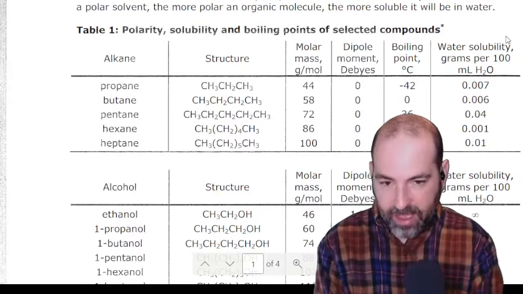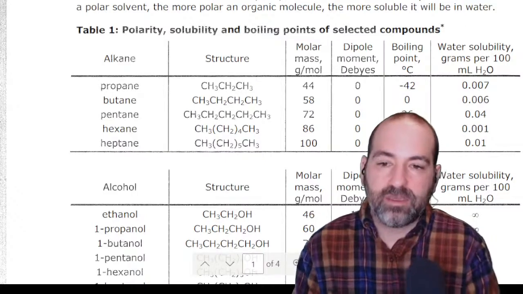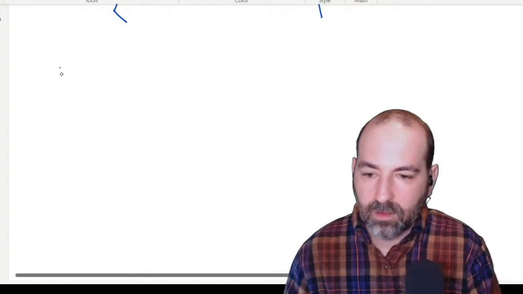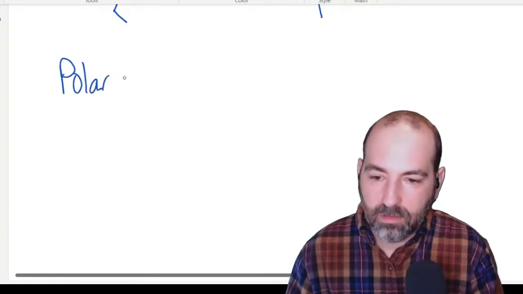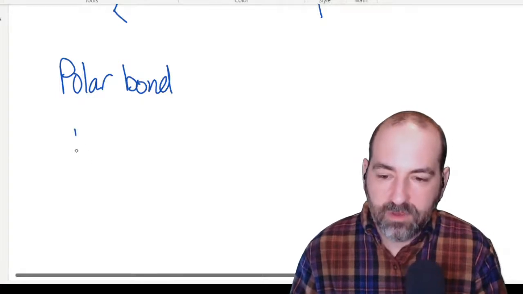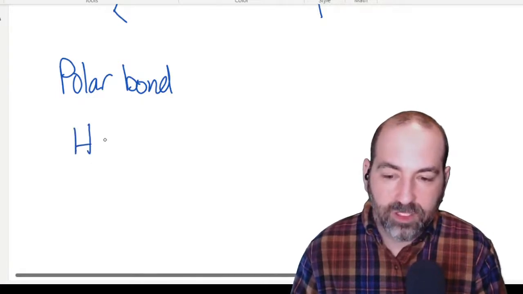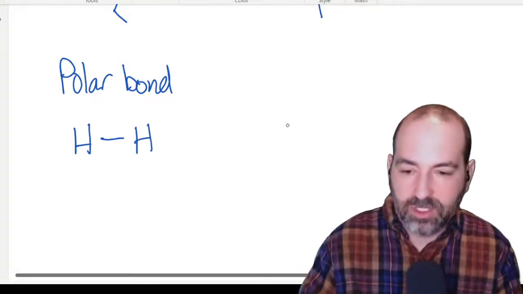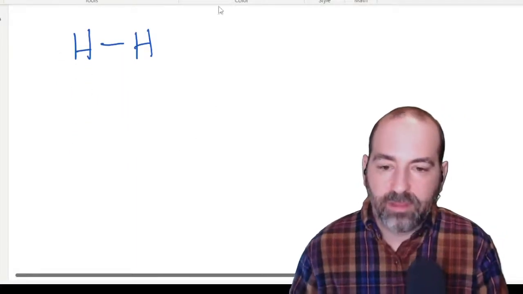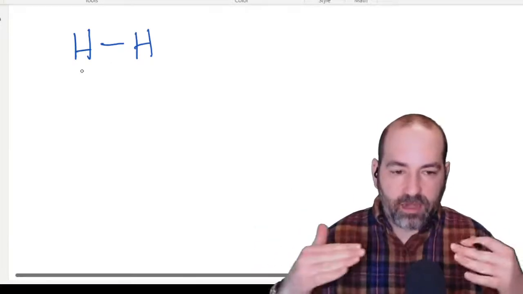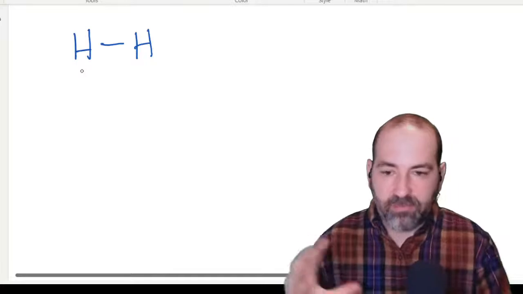And the importance of that is that those bonds end up giving you, and actually let me draw this a little bit here. So they end up giving you some ways molecules can attract each other. So if we take a simple molecule like hydrogen, H2, and we think about where the electrons are in this molecule, we draw it as two letters in a line, but really they're these clouds that are kind of mashed together.